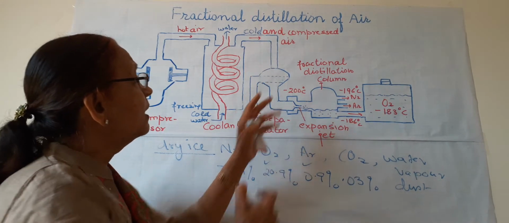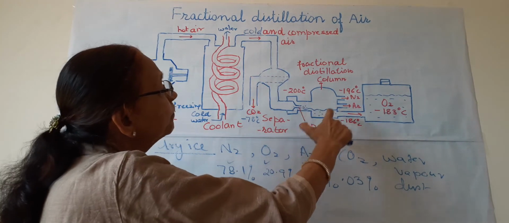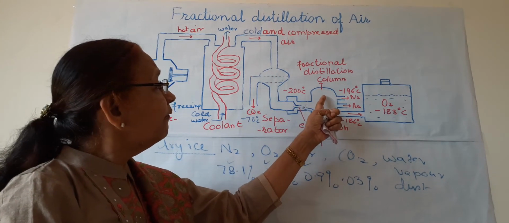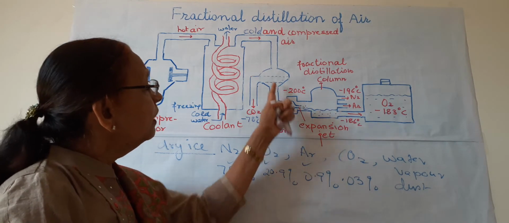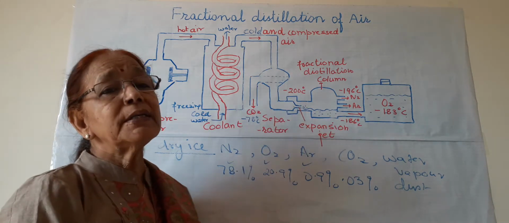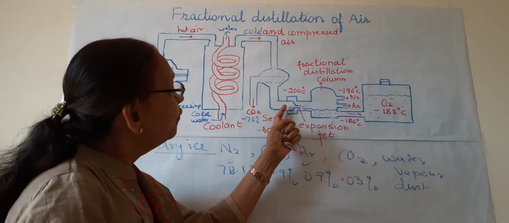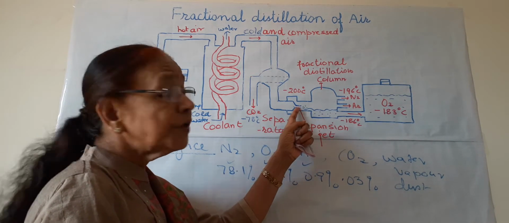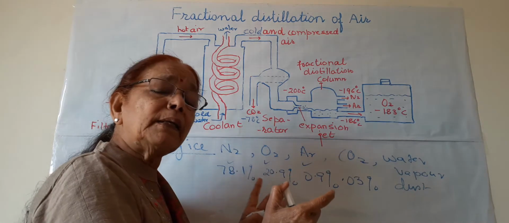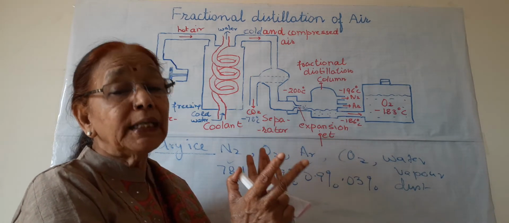Now the rest of the gases come from this separator to the fractional distillation column. This is the fractional distillation column. Here now the air is in liquefied state and the temperature is around minus 200 degree centigrade. This liquefied air from this expansion jet is expanded. When the air is expanded, the temperature further lowers and the pressure somehow increases.